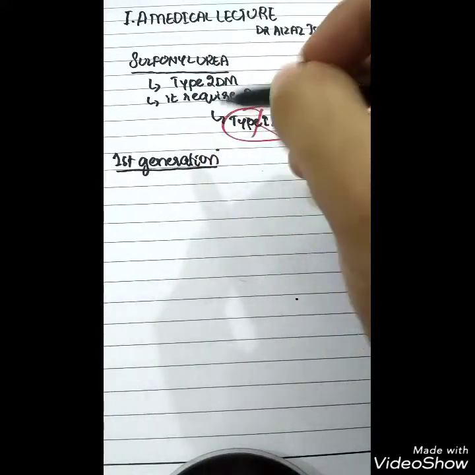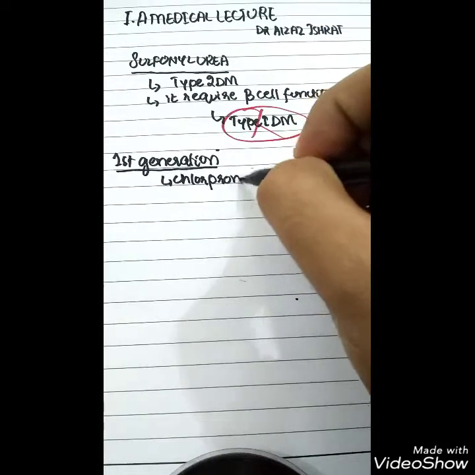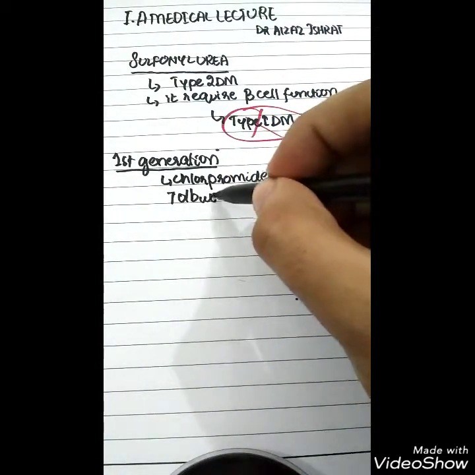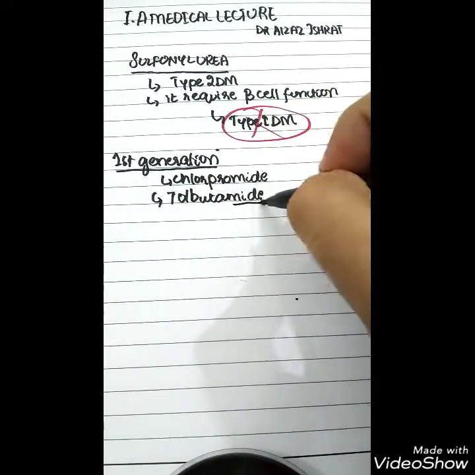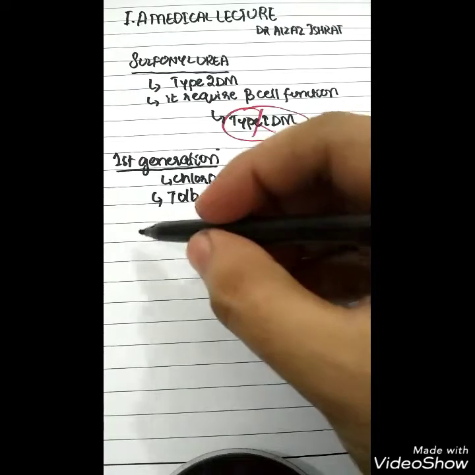In the first generation we have chlorpropamide and tolbutamide. See the word "mide". It is an indication that it is a first generation sulfonylurea.